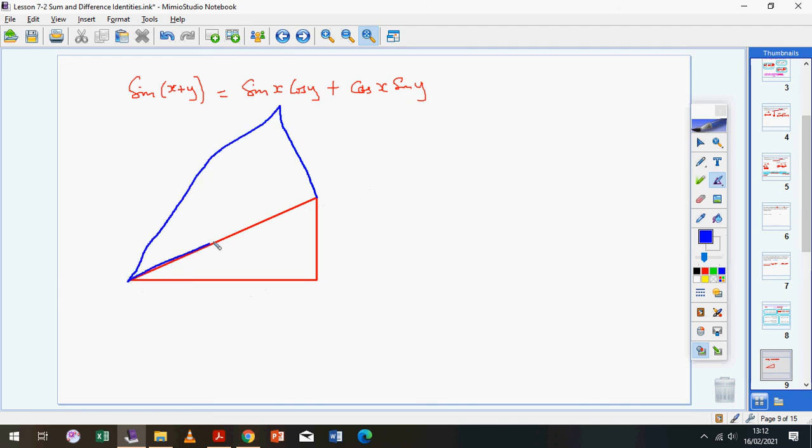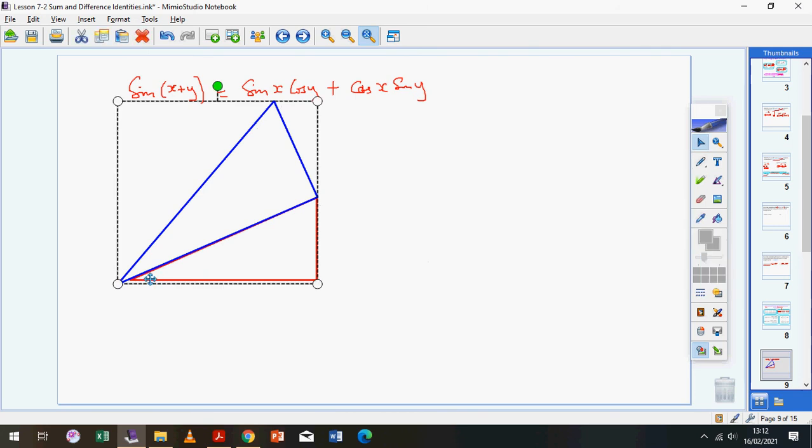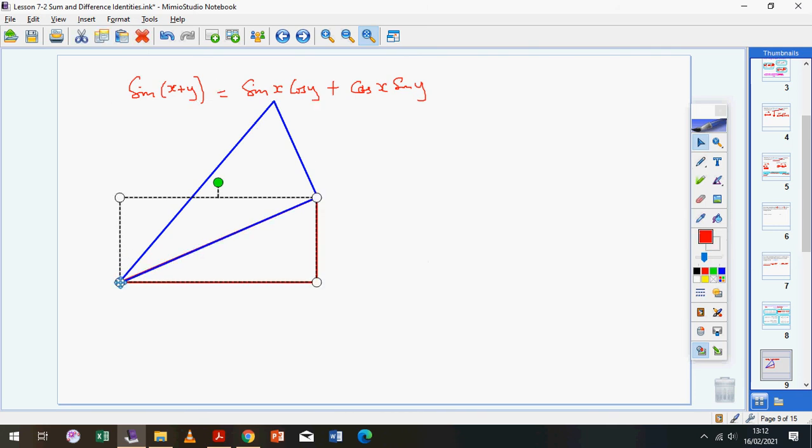Now these two triangles are starting at the same point. This one has an angle, let's call this angle x, and this angle y. Let's write x in blue and y in red.